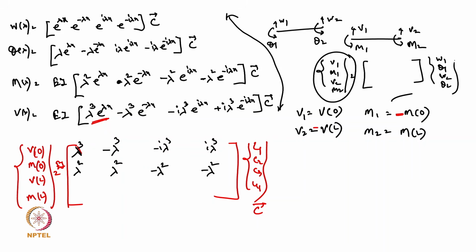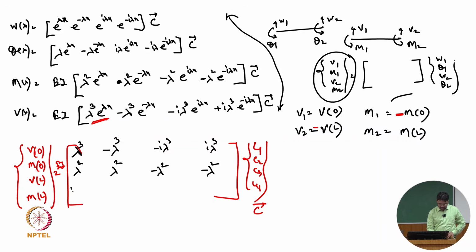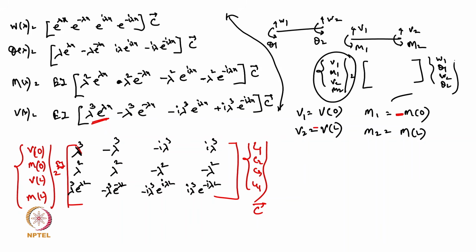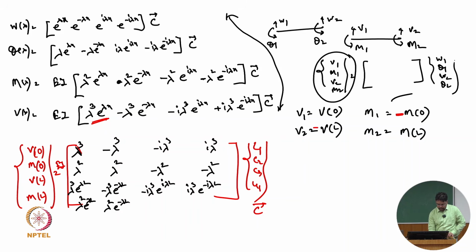Then the second case, VL: lambda cube e to the power lambda L, minus lambda cube e to the power of minus lambda L, i lambda cube e to the power of i lambda L, minus i lambda cube e to the power of minus i lambda L. Okay, we can substitute in that ML: lambda square e to the power lambda L, lambda square e to the power minus lambda L, minus lambda square e to the power i lambda L, minus lambda square e to the power minus i lambda L.